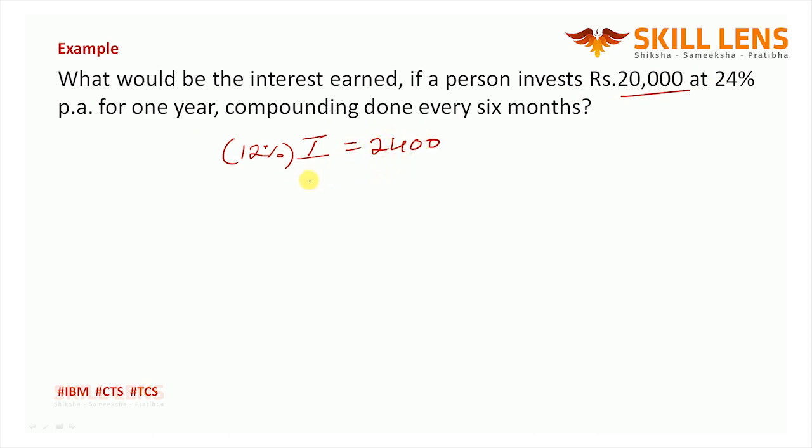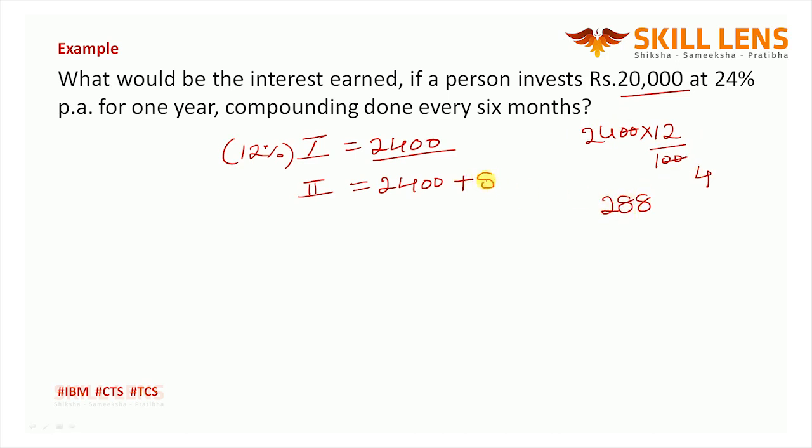And on the second period also, it's going to be 2,400 plus on 2,400 you have to calculate your 12%. 12 fours are 48, 4 will carry, 12 twos are 24 plus 4, which is 28.